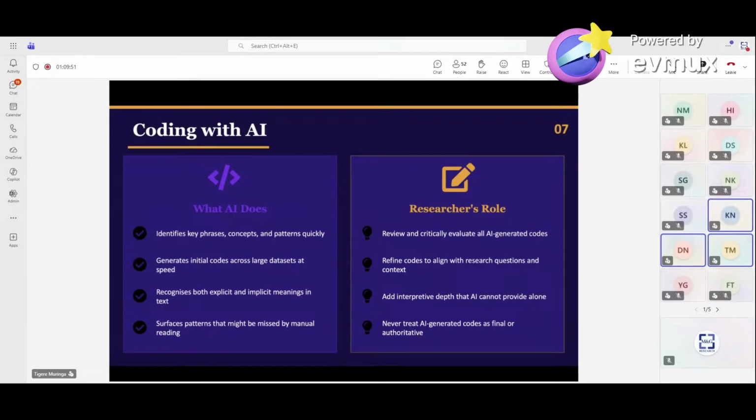And the researcher's role, this is what I always emphasize, is slowly being transformed, being changed, right? When we are talking about doing research in the age of AI, in the process of data analysis, when you are employing the thematic analysis approach, the researcher's role has shifted drastically, and we need to appreciate that change.